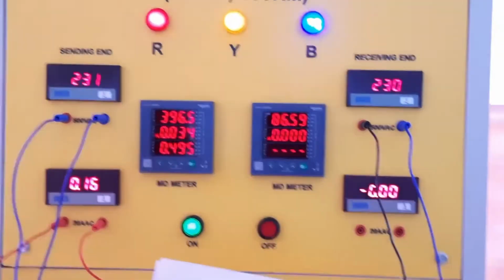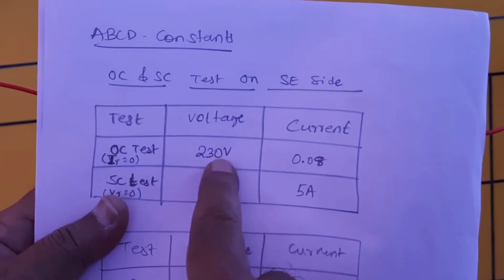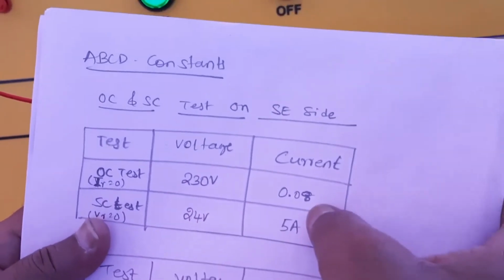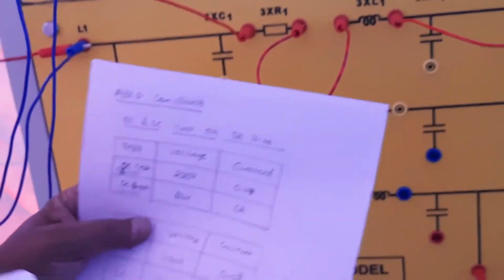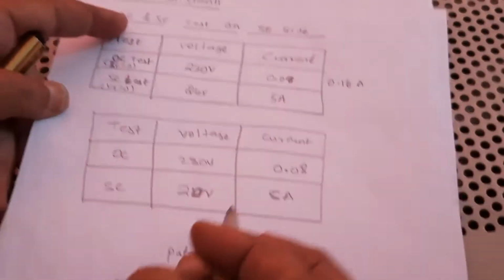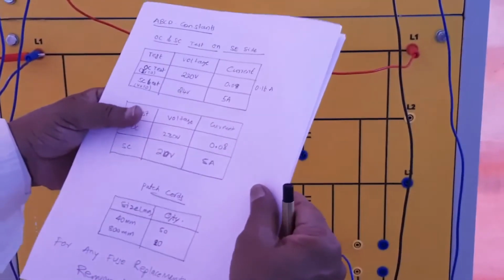This is OC test at sending end voltage. I applied 230 and my input current shows 0.16, 160 milliampere.